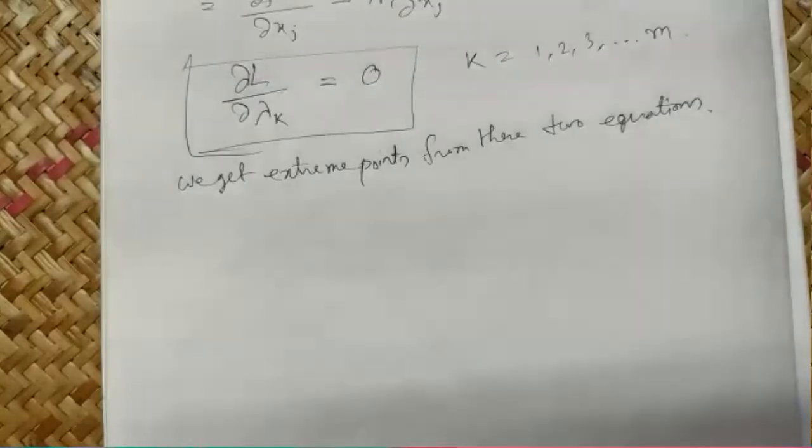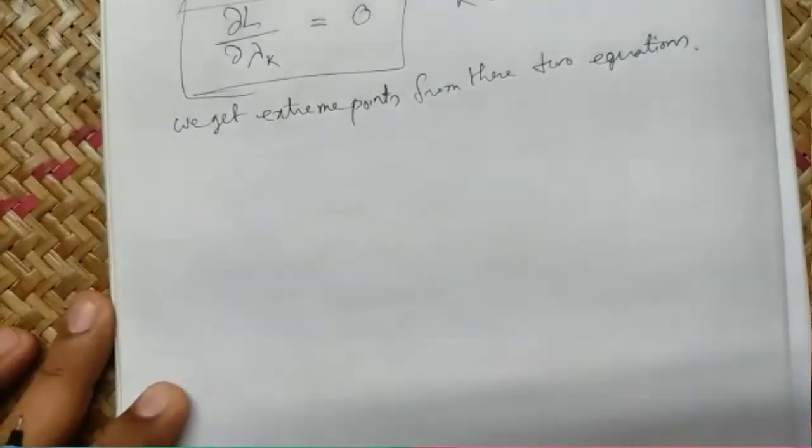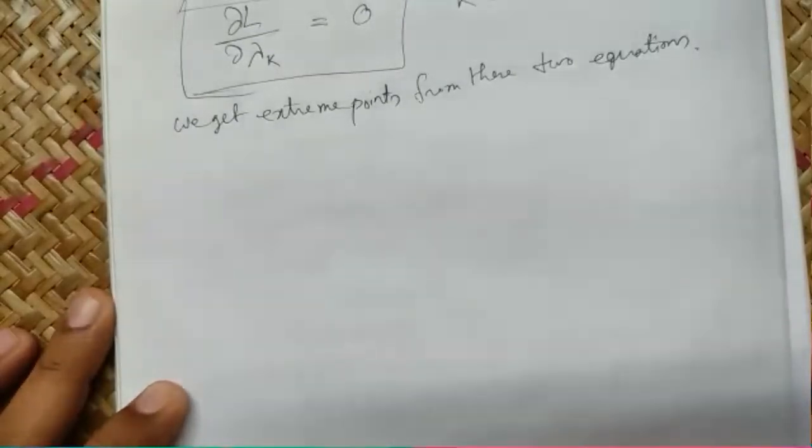Now when we prepare the matrix, it will become an n cross n matrix.